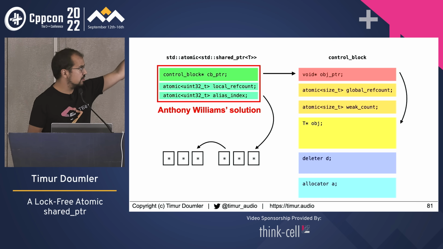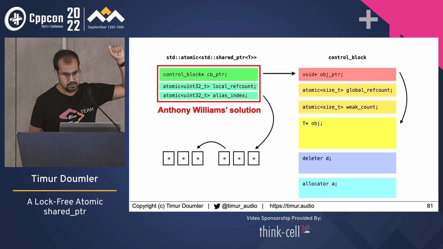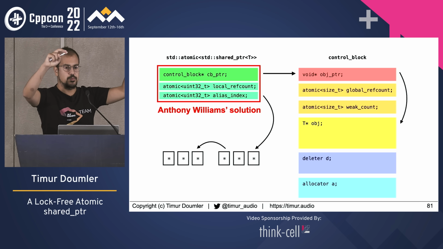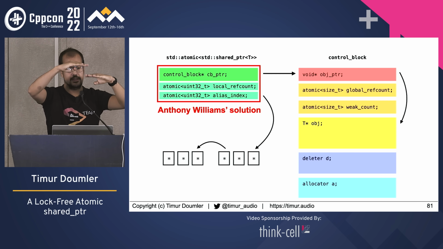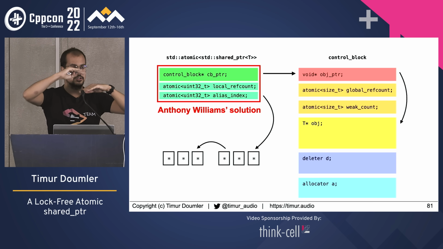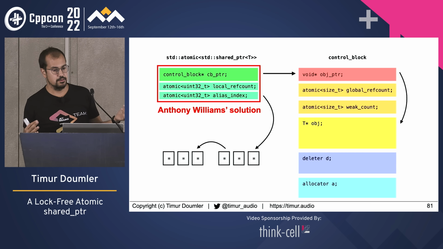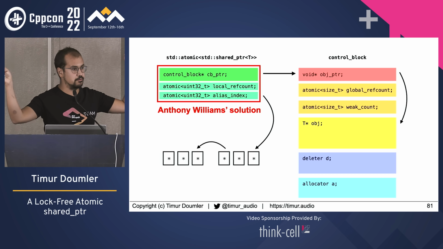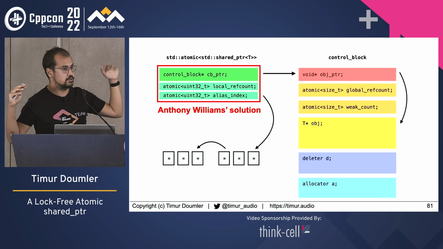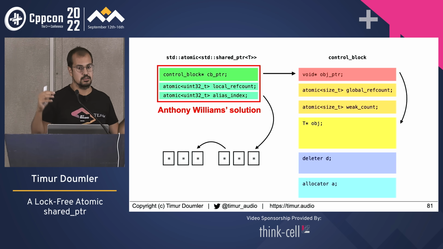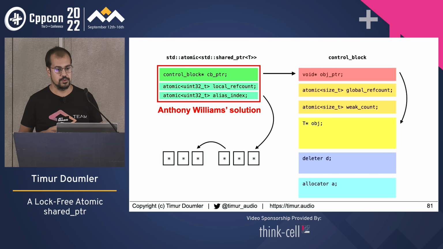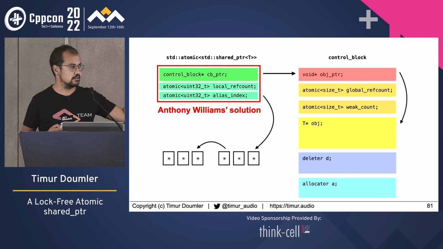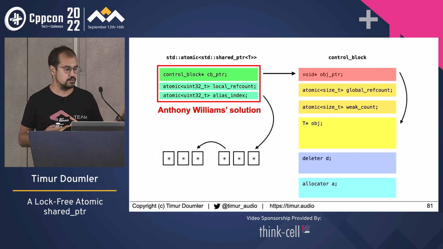And then in the shared pointer, you have the control block, and then you basically cram the local ref count and the index into this data structure into one integer, which is fine because you don't need the full width of one word to store the ref count. You're hopefully not going to have 4 billion threads, and you hopefully don't have 4 billion integers for the alias pointers either if you're on a 64-bit system.